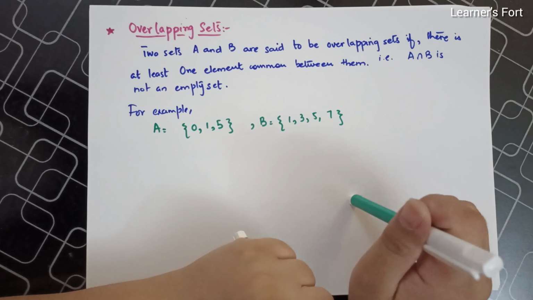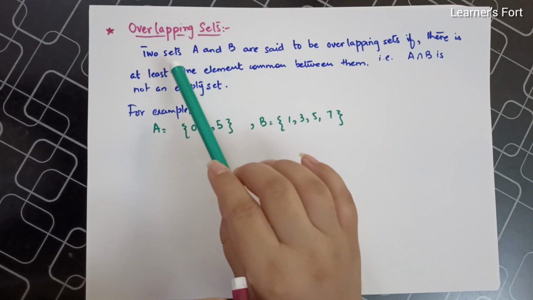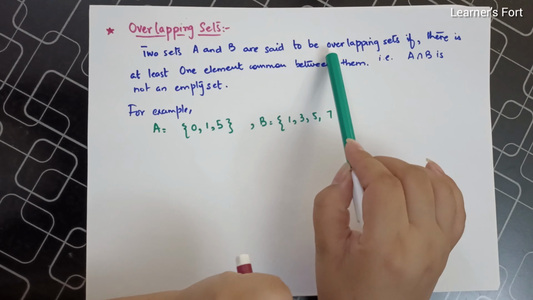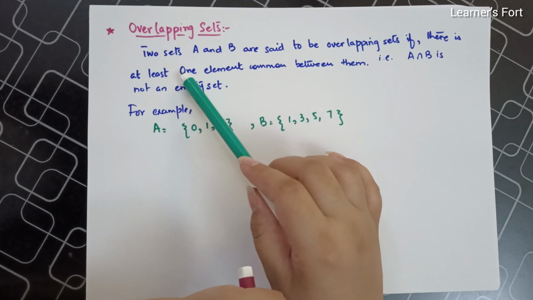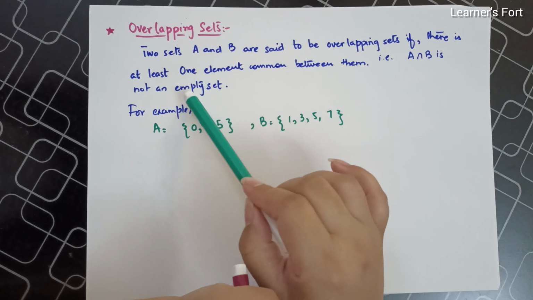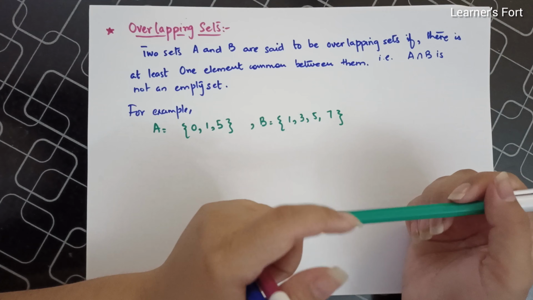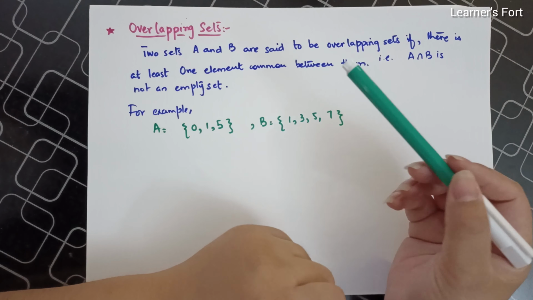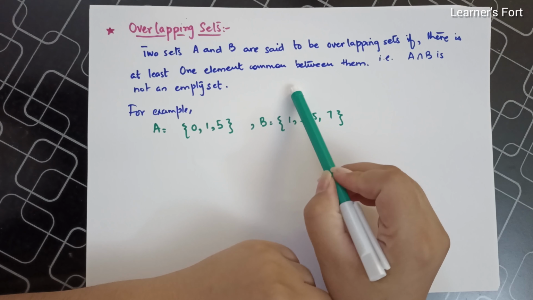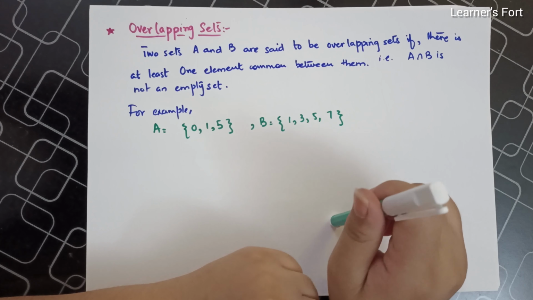So two sets A and B are said to be overlapping sets if there is at least one element common between them. That is, A intersection B is not an empty set, right? So overlapping sets are basically the opposite of disjoint sets. There is at least one common element between two sets, right?